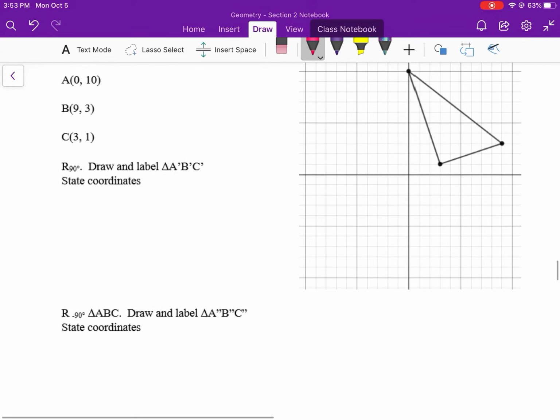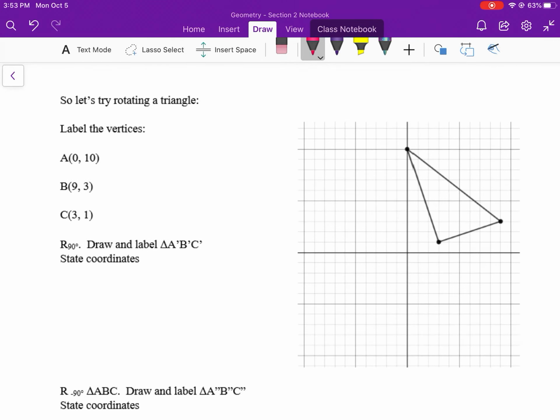So I'm going to try to rotate this 90 degrees. So point A is up here at 0, 10. Point B is over here at 9, 3. And point C is over here at 6, 1. I'm going to rotate my iPad. Now you can't see me rotating my iPad, but I have rotated my iPad.